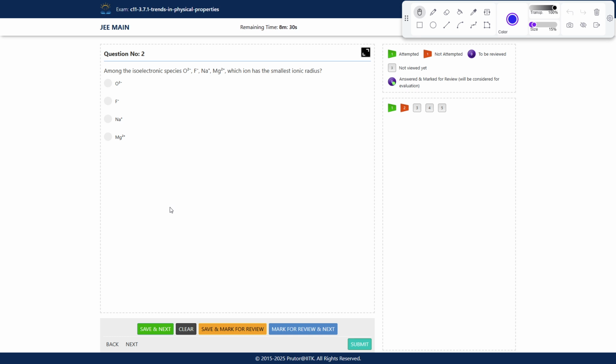We know that the increasing order of size would be Mg2 plus, since it has the highest nuclear charge, so it will have the lowest radius, then Na plus, then F minus, and then O2 minus, which has the least nuclear charge. Hence the smallest one is Mg2 plus, option D. Moving on to the next question.